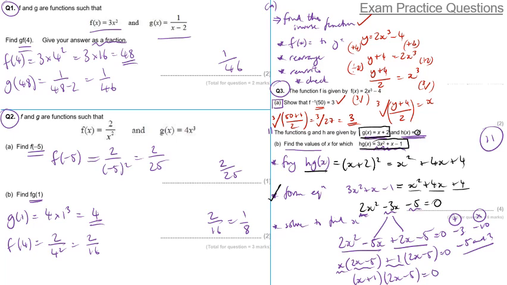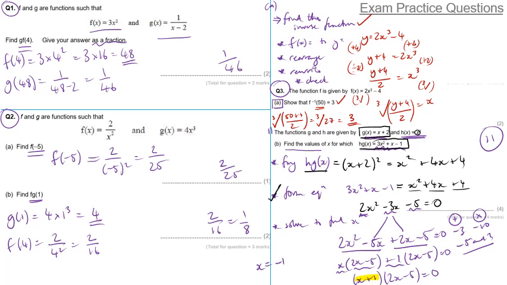So thinking about making the first bracket equal to 0, if we have x is equal to -1, that will make the first bracket equal to 0.